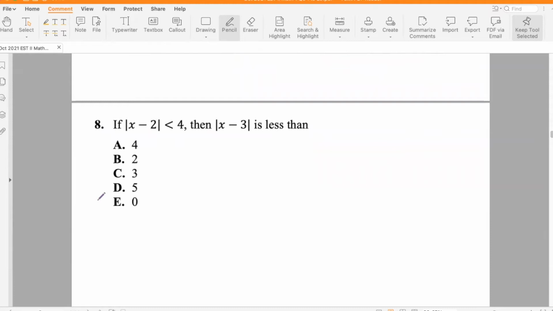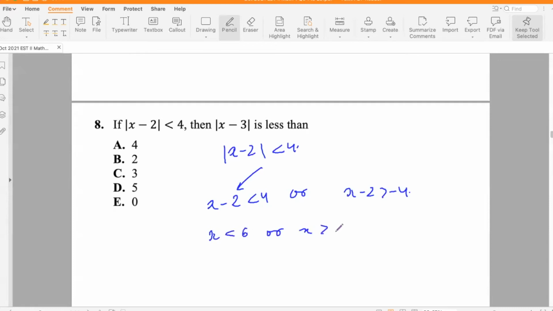If modulus of x minus 2 is less than 4, then modulus of x minus 3 is less than what? If modulus of x minus 2 is less than 4, then x minus 2 is less than 4 and x minus 2 is greater than minus 4. So x is less than 6 and x is greater than minus 2.